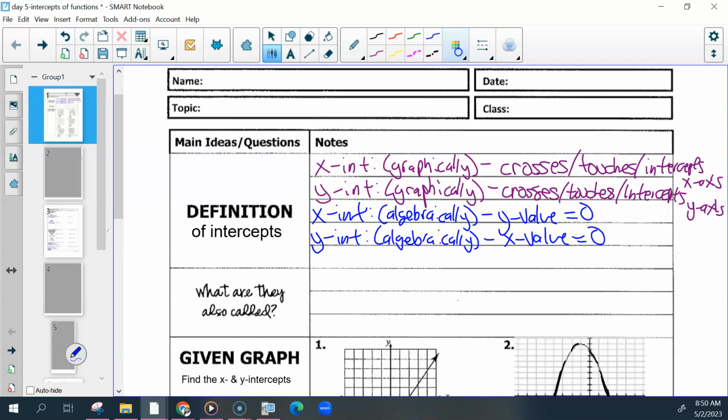So if you know those things from a graph, you can find your x and y-intercept. Algebraically, you can put 0 in for the other and solve.